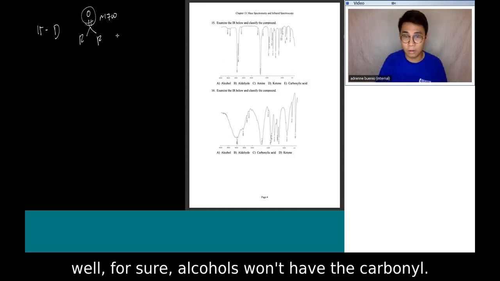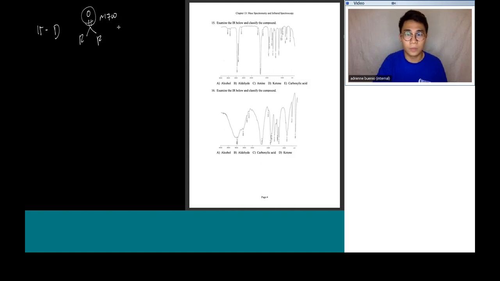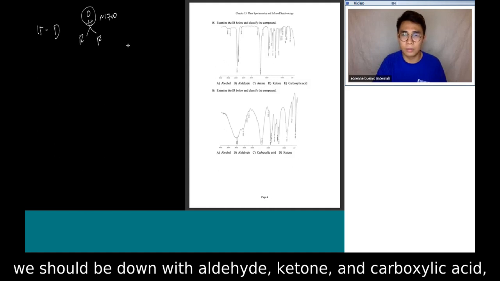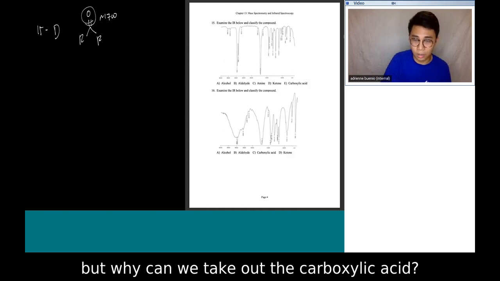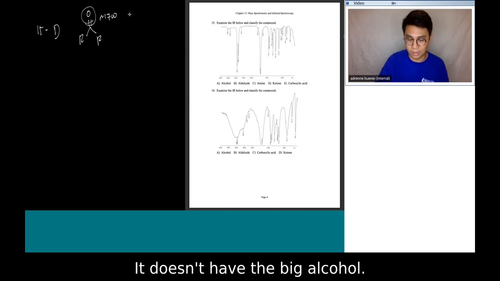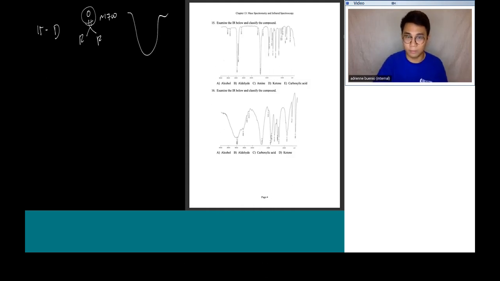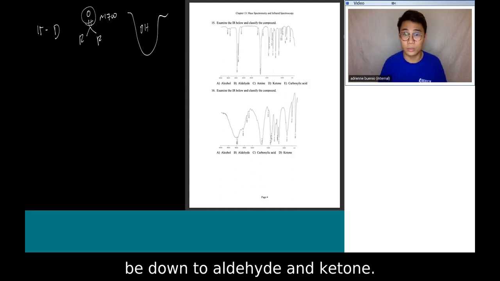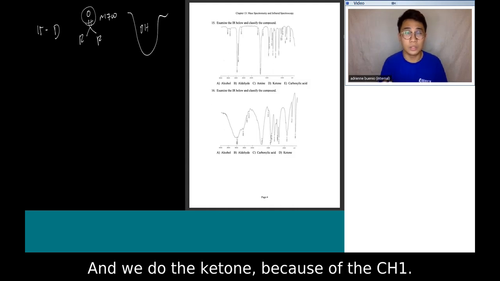Well, for sure, alcohols won't have the carbonyl. The amine won't have the carbonyl. And so we should be down to aldehyde, ketone, and carboxylic acid. But why can we take out the carboxylic acid? It doesn't have the big alcohol OH, there's no alcohol curve. So we should be down to aldehyde and ketone, and we pick the ketone because of the CH bond.